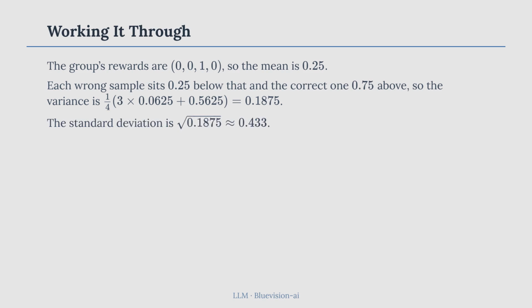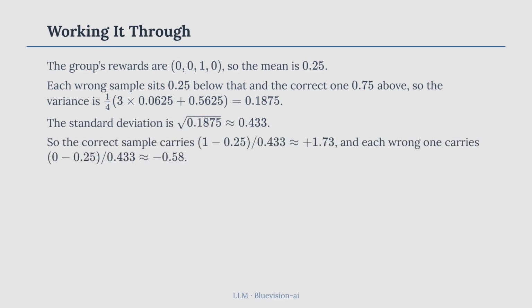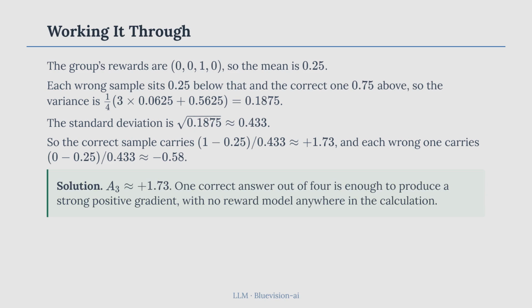Take the square root, and you get about 0.433. So the correct sample carries 1 minus 0.25 over 0.433, and we get about plus 1.73. Each wrong one carries minus 0.25 over the same number, about minus 0.58.